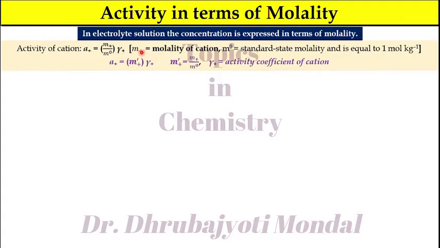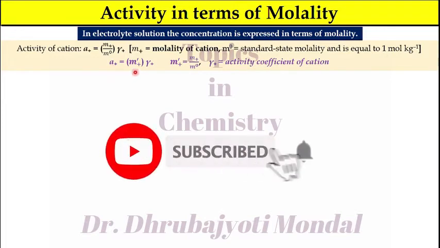Here m plus is the molality of the cation, and m0 is the standard state molality, equal to 1 mole per kg. So you can write a plus is equal to m prime plus into gamma plus, where m prime plus is equal to m plus divided by m0. And gamma plus, a new term, is called the activity coefficient of the cation. So for a single ion, the activity of the ion is equal to the concentration of the ion into the activity coefficient.